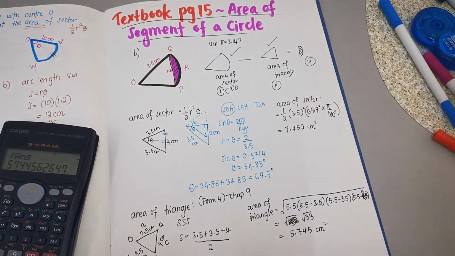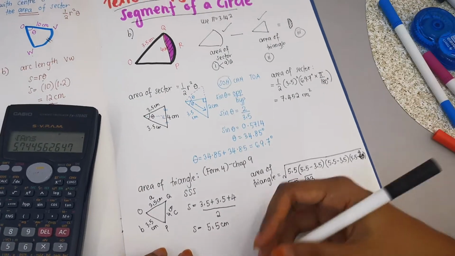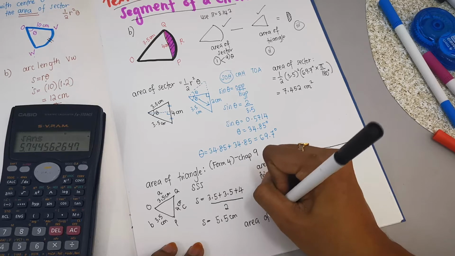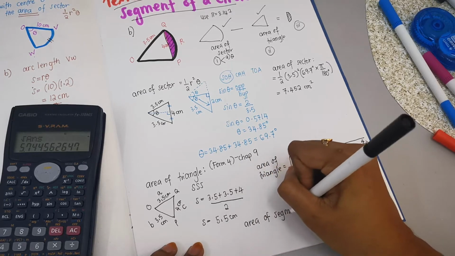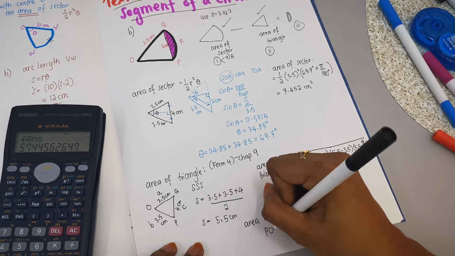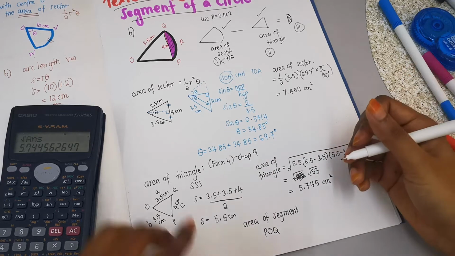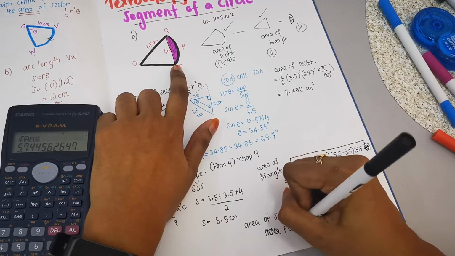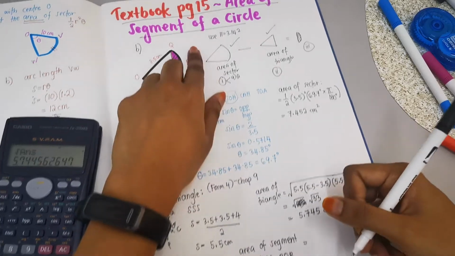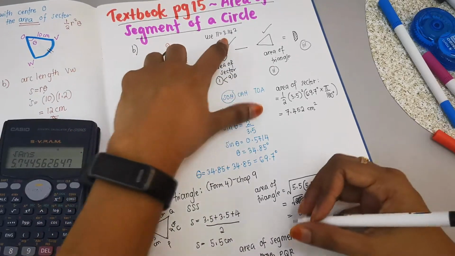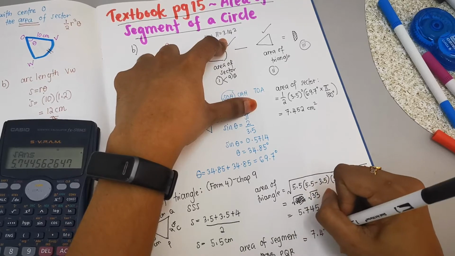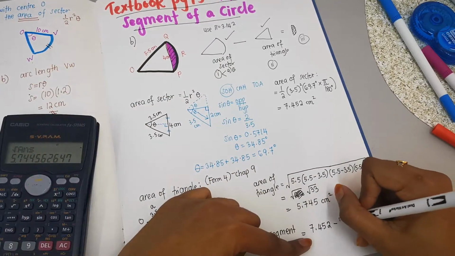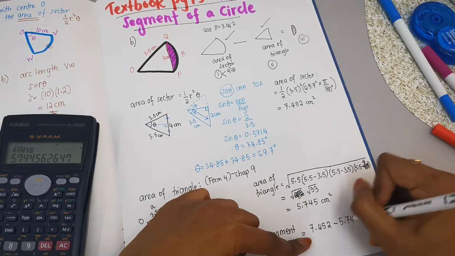Alright, so we already got the area of triangle. This one is done. The last part, the third part, is to find the area of segment PQR, not POQ. Take the whole sector, which is 7.452, minus the triangle, which is 5.745.